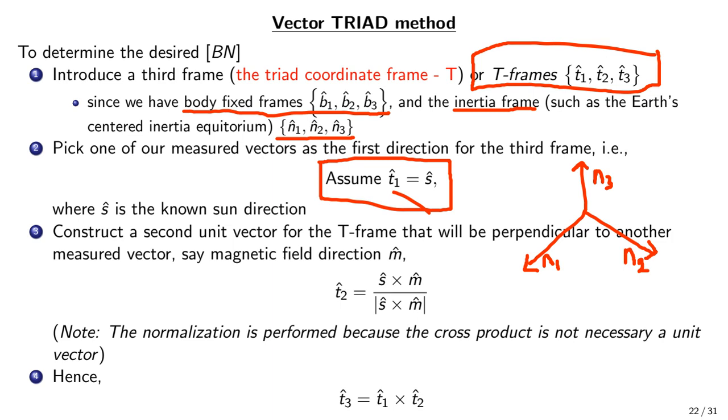Suppose you have a measurement, say the sun is here, and you have your measurement from the sun, you call it your S. Now you have your body, what color must I use here? Let me use green. Your fixed body, which would be your B1 to B3.